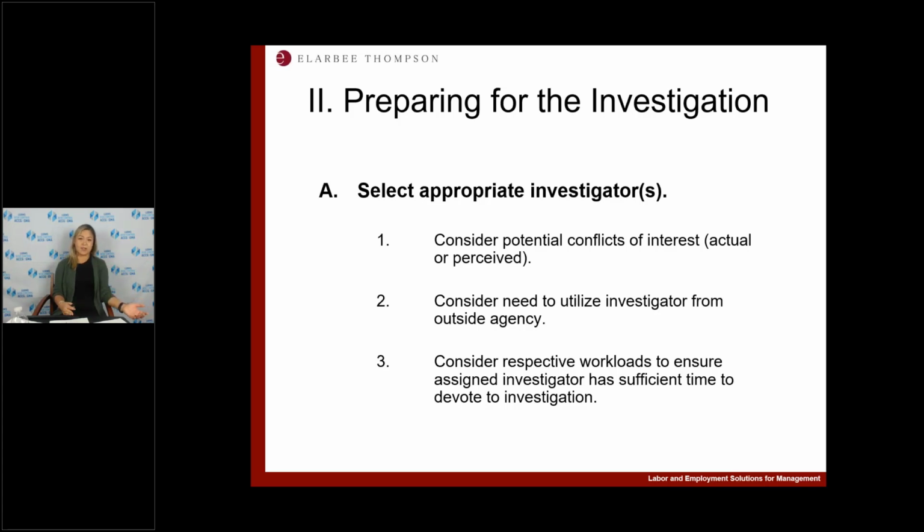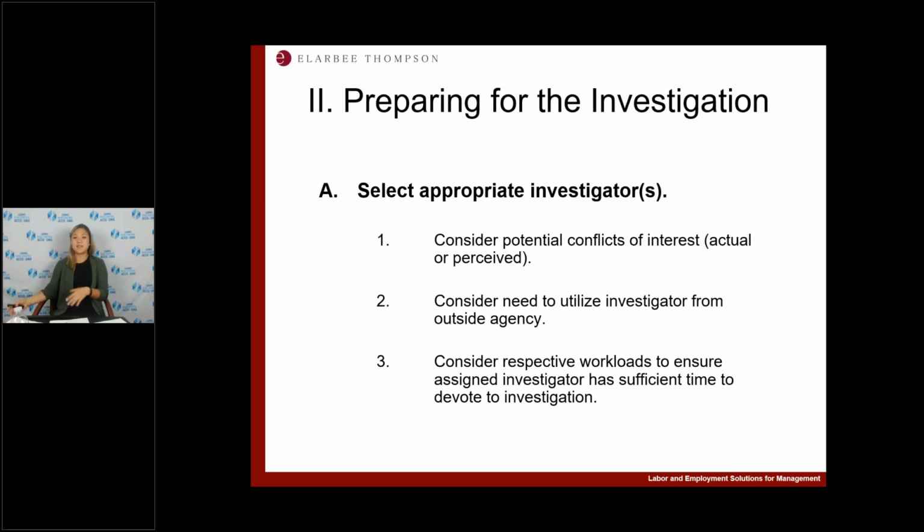Maybe your HR department or managers that are over a specific group or supervise a large agency or department. It would be good to walk some of those people that you think are potential investigators through the process, maybe have them do some mock-ups, some practice, so that when you throw them into an actual investigation, they aren't looking at these slides just trying to get their feet wet at that moment.